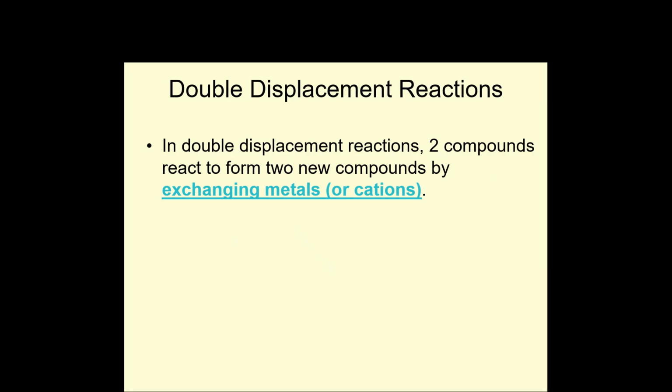And when they react together, sometimes, not all the time, they will exchange their metals, take the cations and swap them out. So if I had AB and CD, and I mixed them together and this reaction actually occurred, the A and the C would swap places, and I would get AD and CB.